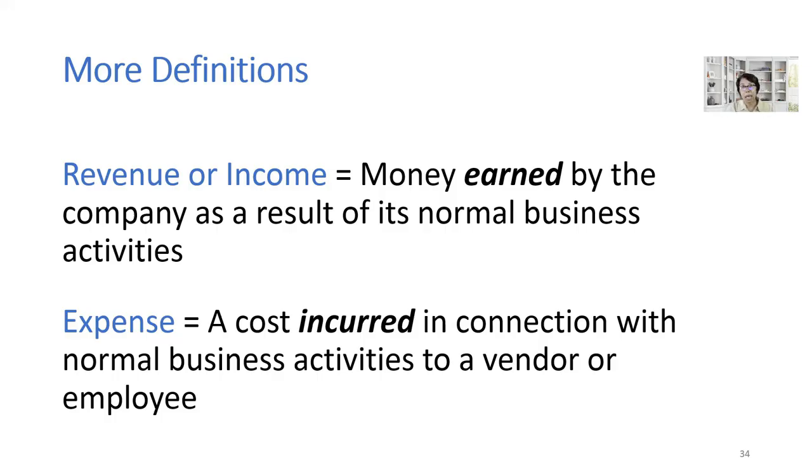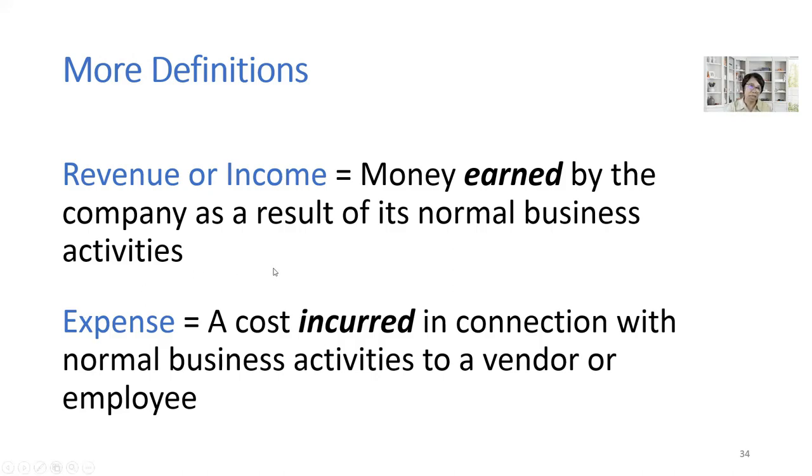Like if your bank account is drawing interest, that is not called revenue because it's not money earned by the company as a result of its normal business activities, which might be consulting with somebody or selling candles or something like that. That's normal business. This was just you earn money because you had money in the bank. That is not called revenue. It's called income. Income means everything earned by revenue and everything earned by other sources. That's income.